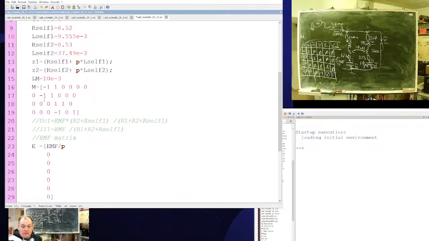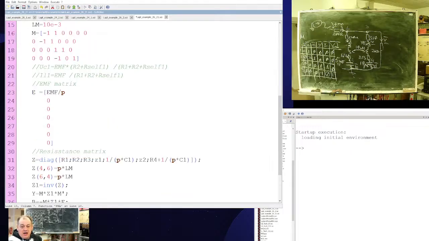Elements. Now, what's this? EMF matrix. How many branches I have? 6. 1, 2, 3, 4, 5, 6. This is not needed. EMFs by branch. Since I have a DC source, the image of a DC source is its magnitude divided by complex frequency.